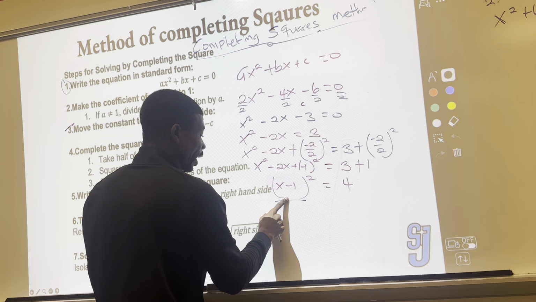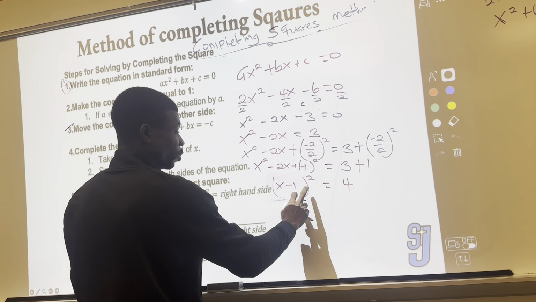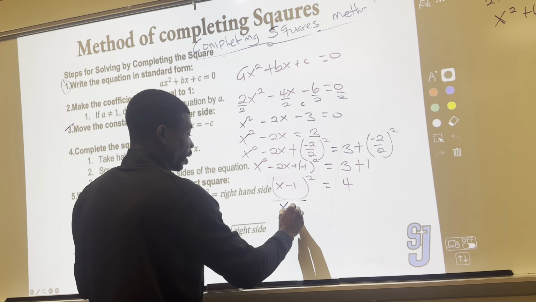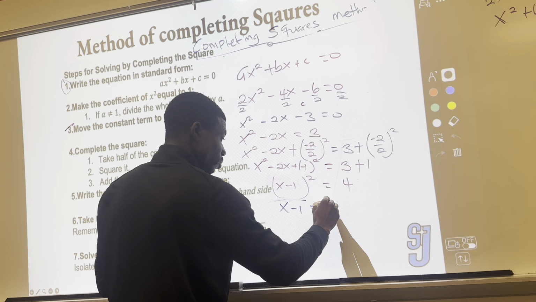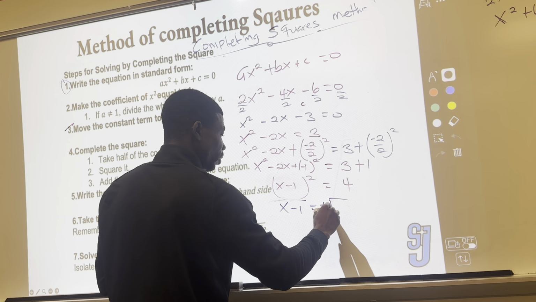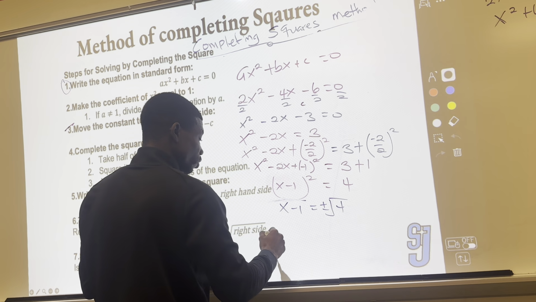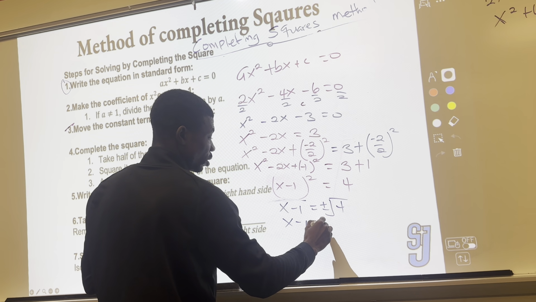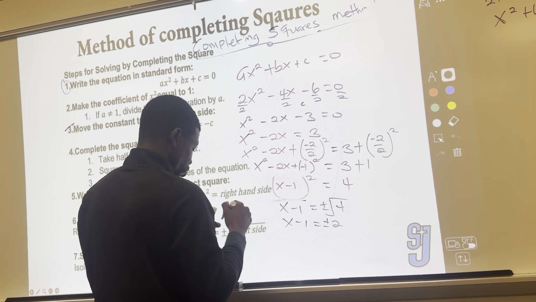Okay, so by this, what do we have again? Because we have a square, we take the square root of both sides, and we have x minus 1 equals plus or minus root 4. And I have x minus 1 equals plus or minus 2.